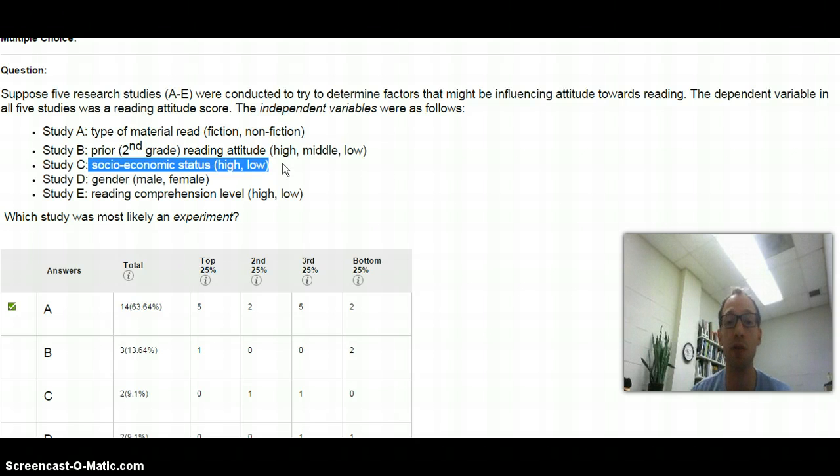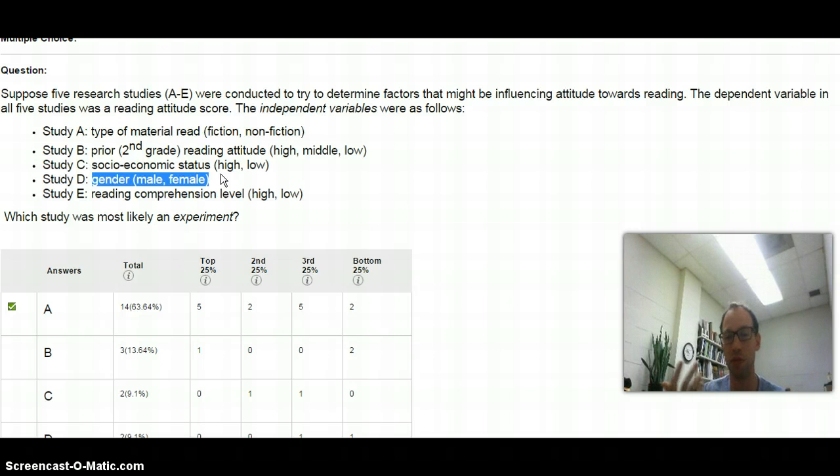Incidentally, even if I were to give one group lots and lots of money, that's only the economic part. It's not the socio part, which is part of socioeconomic status. So I can't control that variable. Gender, as far as I know, there's no way to control, maybe through some extreme hormone, but that would be very extreme, and obviously not in looking at elementary students' attitude toward reading.